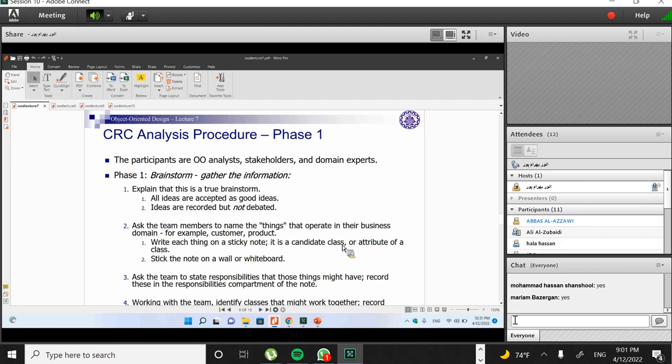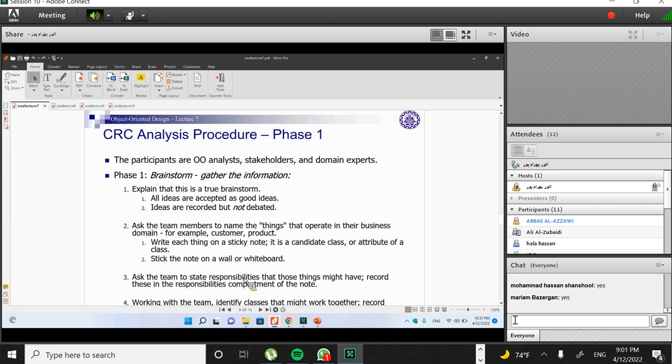It is a candidate class or candidate attribute of a class. Stick the note on a wall or a whiteboard for discussing in later phases. All notes should be seen by all people present in this phase.